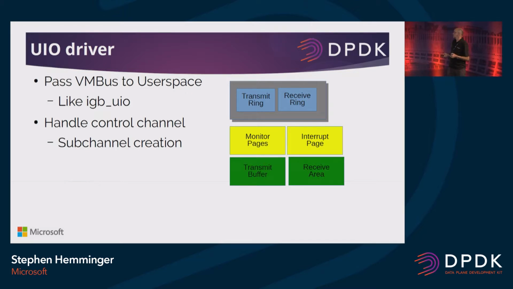So all of these are fairly large. Like the transmit and receive buffer are 16 meg, and the default receive and transmit rings are 4 meg. The reason that is true is because there's latency going from the guest to the host, and you need bigger buffering to improve that.